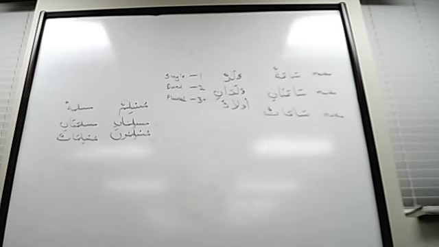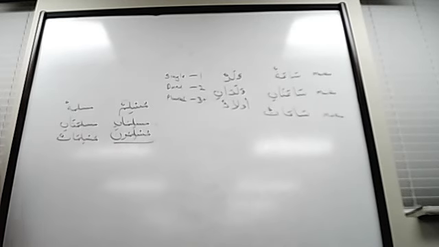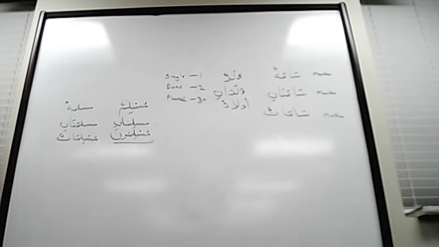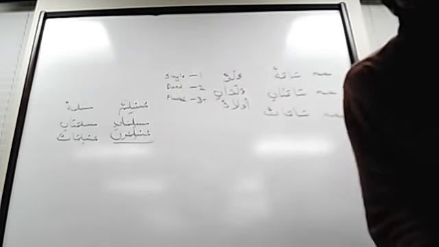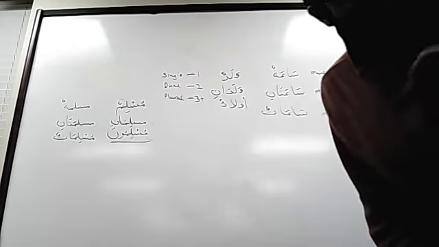But in the masculine, sometimes they all end in una, like mudarrisuna, nabiyuna. But other times you have to know the pattern. Once you come across it once, you don't really mess up after that, especially if you know the patterns.